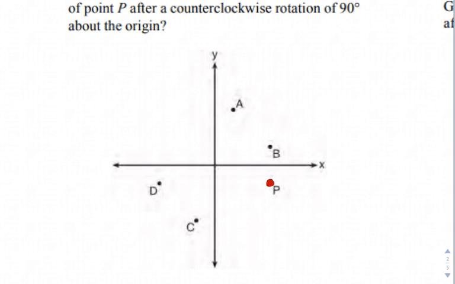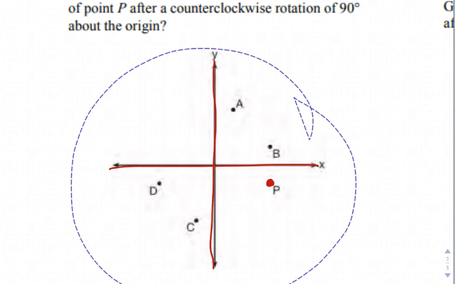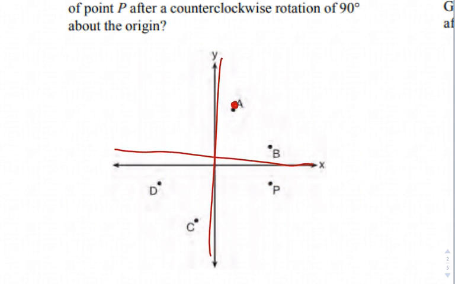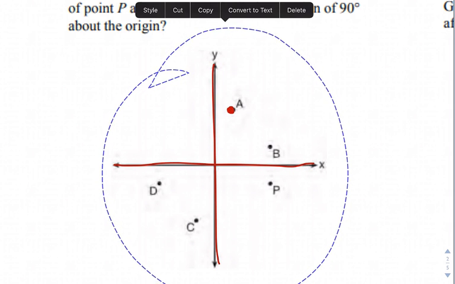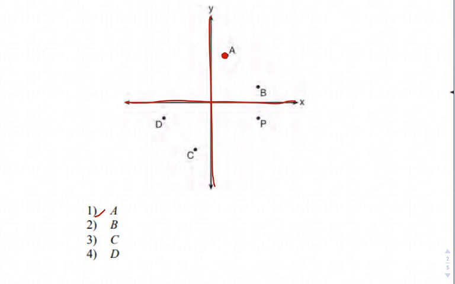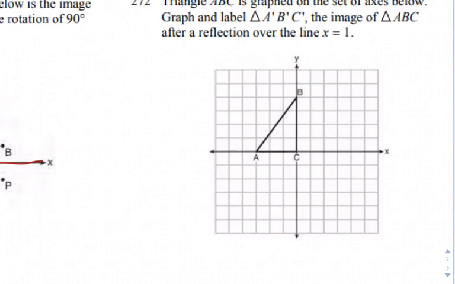So if we imagine, if I take this axis and I turn it once 90 degrees, it would look like this. Now my red point is on point A. So therefore, point A would be your answer. Remember, if you're doing this on paper, you can always take a scrap piece of paper, put it on point P, trace your axes, and then turn your paper.